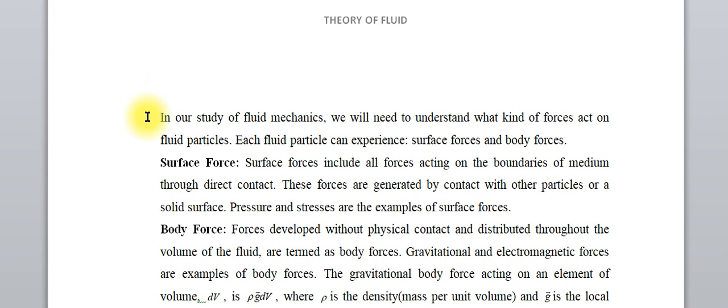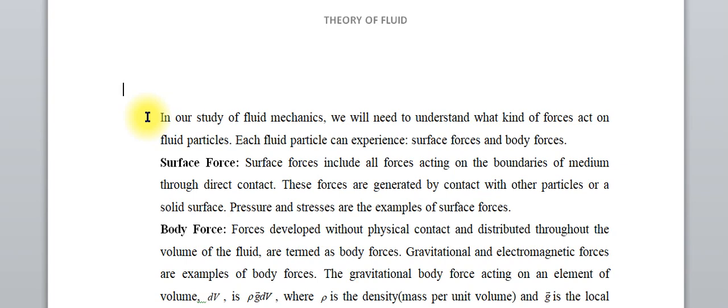This lecture includes the forces experienced by the fluid particle, and we will also discuss how some of these forces develop stresses, and then using the same stresses we will try to derive the momentum equation for any fluid, for the Newtonian fluid or for the non-Newtonian fluid.